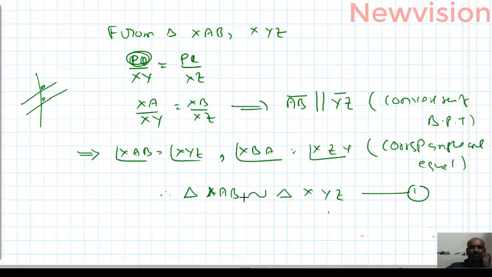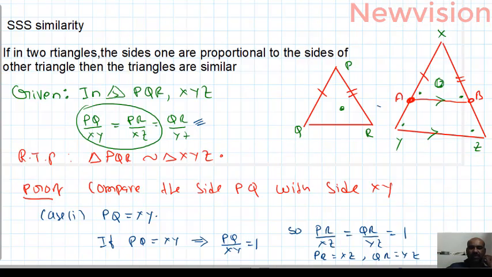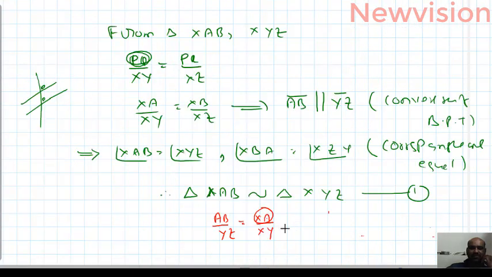Interesting step. Okay, students, these two are similar, no? Now I can say that in two similar triangles, their corresponding sides are in proportion. AB by YZ equal to XA by XY I can write. Important thing, instead of XA, from the diagram I can write PQ. That is our assumption, no? So AB by YZ equals PQ by XY.